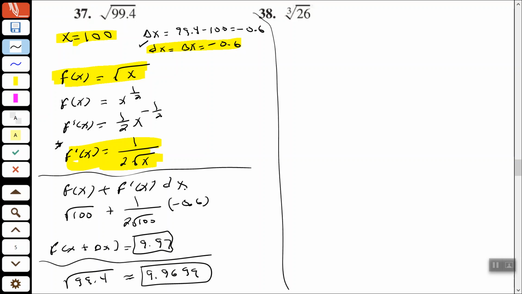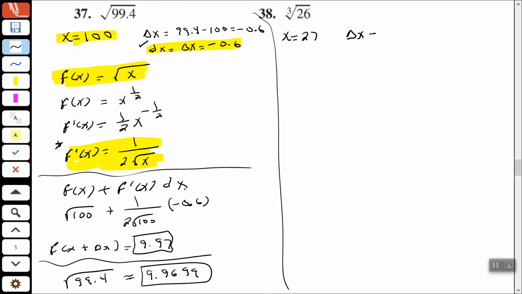Okay, so let's try another one. So number 38, we have the cube root of 26. Now the cube root of 26 is close to what perfect cube? Closest to what perfect cube? The cube root of 27, which is 3. We know that's a perfect cube. So we're going to let x equal 27 in this case.